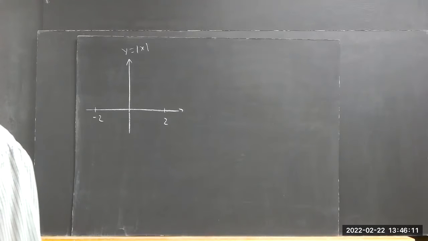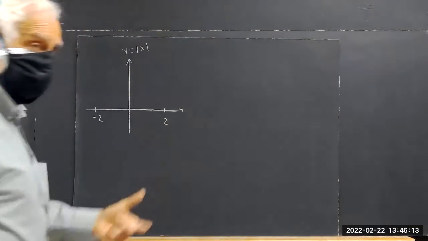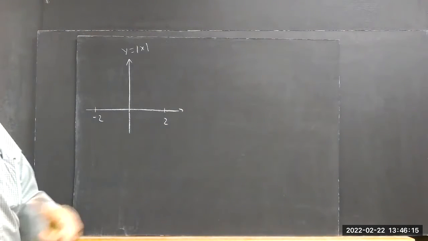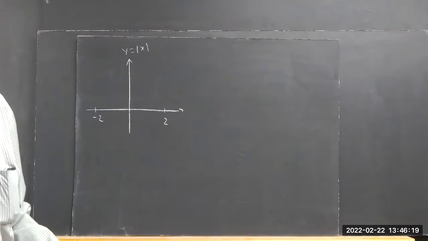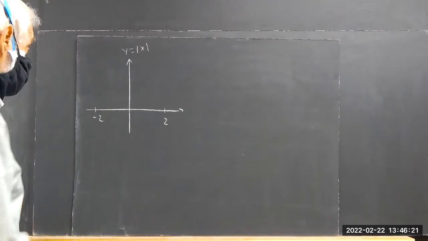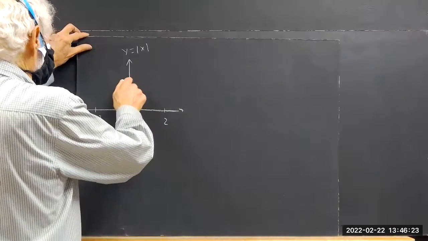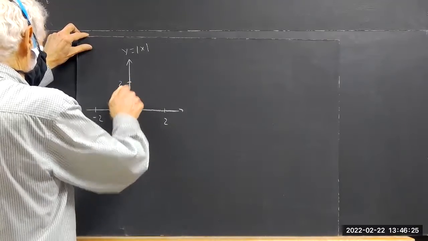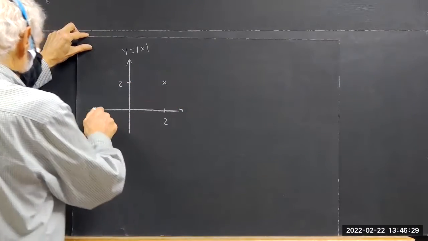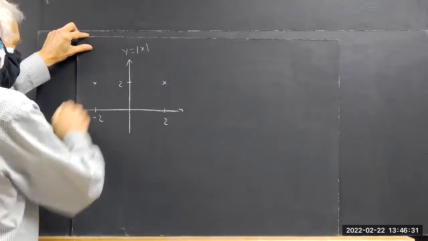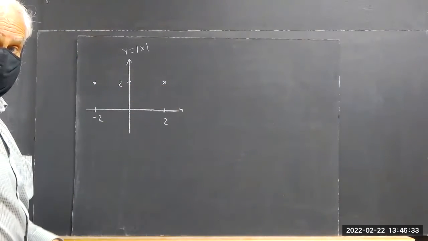Okay, if I use standard values of x, values that we use for all the basic functions, and you've done this. If you did one of the very early assignments, the absolute value function was one of them. So I'm not going to say a whole lot about this. You've got to review, but it's pretty clear that if x is 2, the absolute value of x is 2. If x is negative 2, the absolute value of x is 2. So we got these points, right?